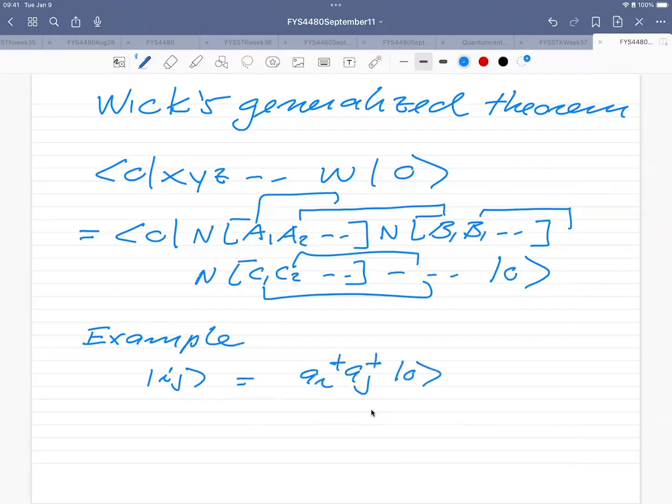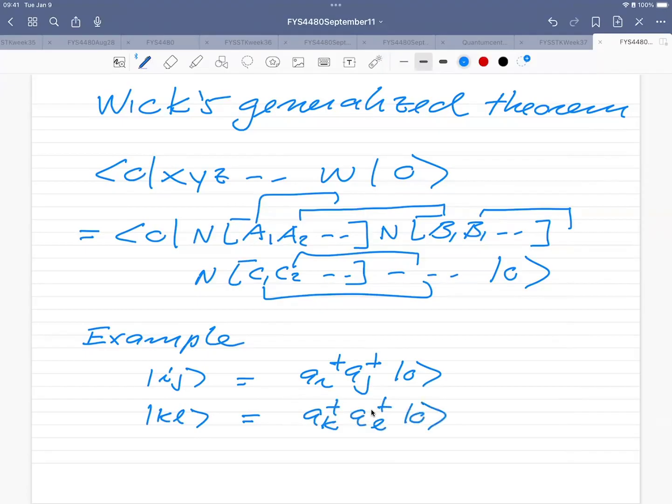Because we have creation operators to the left, and annihilation, in this case none, to the right. Similarly, we had another state, KL, which is given by AK dagger AL. So this is also normal ordered.